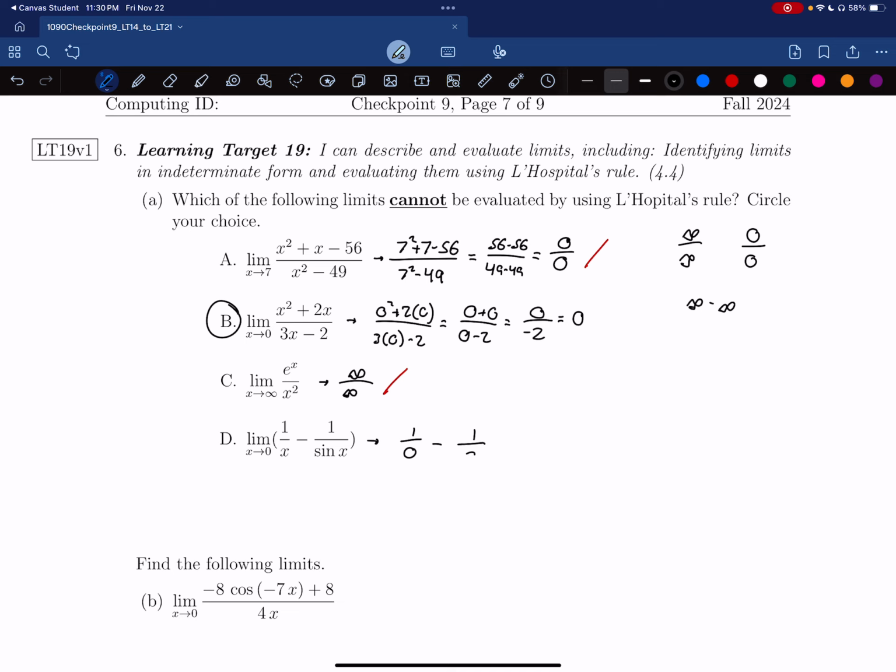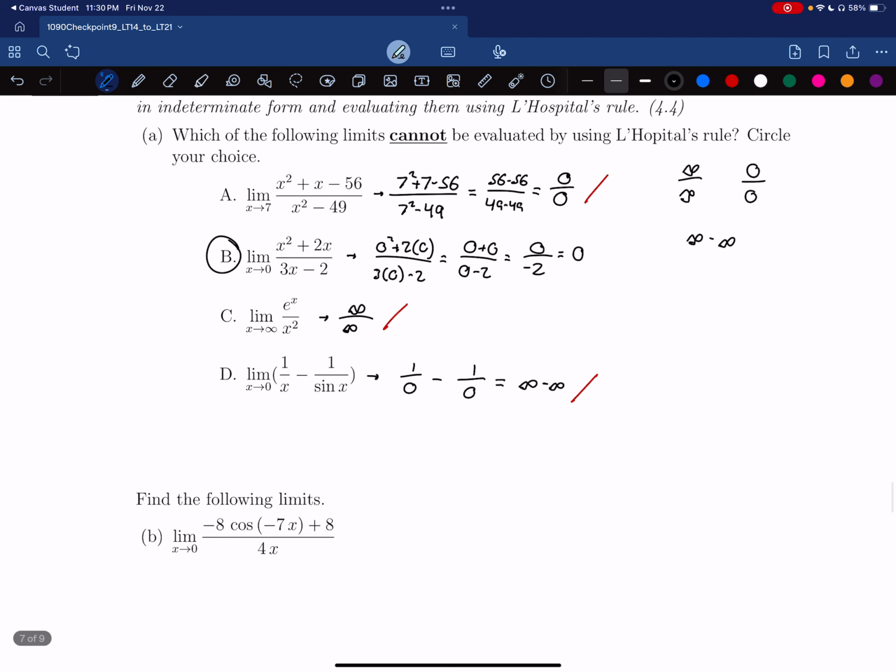Sine of 0 is just 0. So we'll have infinity minus infinity, which cannot be evaluated. So we gotta use L'Hopital's. Hope that makes sense. Our answer is B. The other ones, we get some indeterminate form that we'd have to use L'Hopital's rule to solve. But B, we just get an answer of 0, so we're fine.